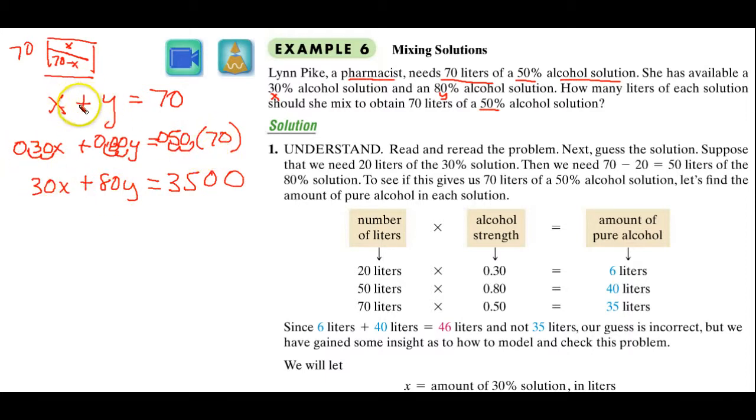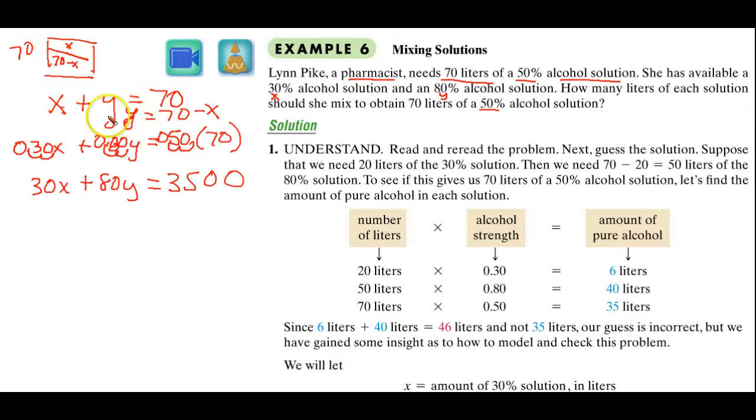And what is my first equation going to be? Well, what is x? X, or what is y, I should say? Y is going to be 70 minus x. And you might say, oh, look over there. Yes, when we were doing it with one variable, that's how we got our second term.